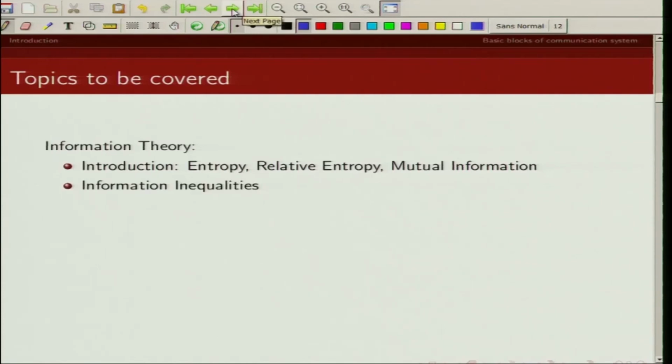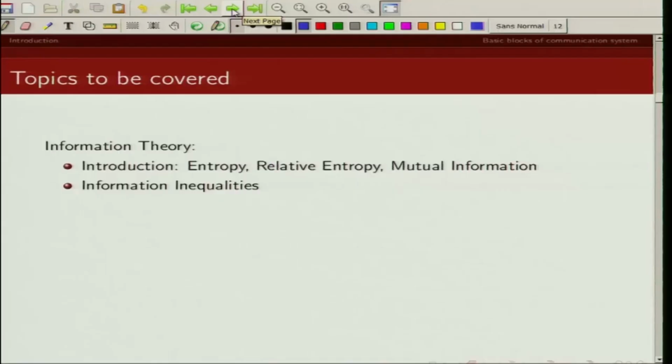Okay, so let's now talk about what the course content is for this particular course. We'll first start off with quantifying information. What is information and how do we quantify information? So we'll talk about Hartley's measure of information and Shannon's measure of information, and then we will talk about entropy, relative entropy, mutual information and their properties.